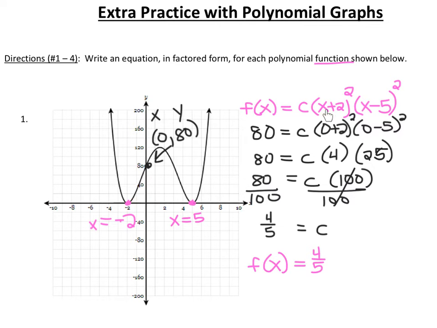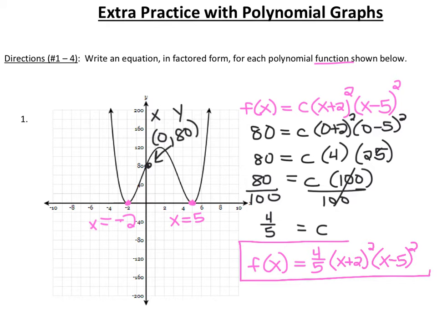And then here, I'm going to leave this in terms of x. So I'll bring down the x plus 2 squared, and I'll bring down the x minus 5 squared. Okay, this is the equation of this function.